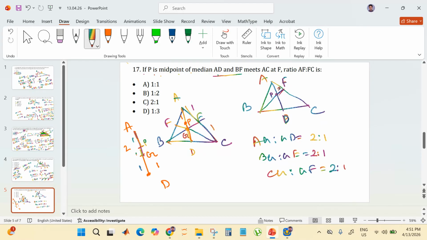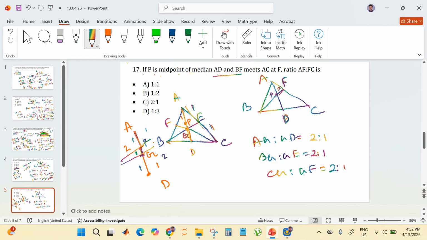Then this PG length is also 1. So the line passing through G divides AC 1 is to 1, and the line passing through P basically divides the line 1 is to 2.